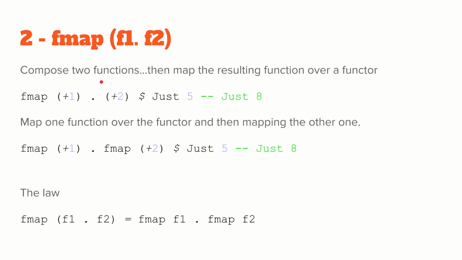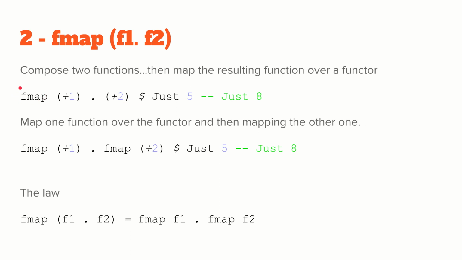And really the second rule, and we only have 2 rules for functors, is pretty much the same. It's a little bit more difficult in terms of understanding, but we'll try and go through it. So the rule is, when you compose 2 functions, then map the resulting function over a functor.